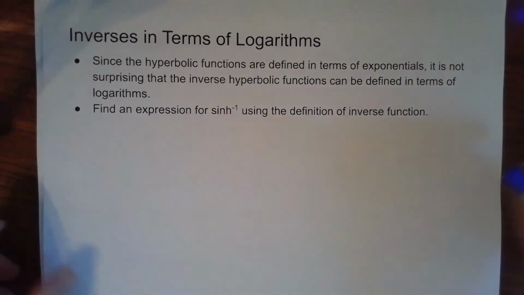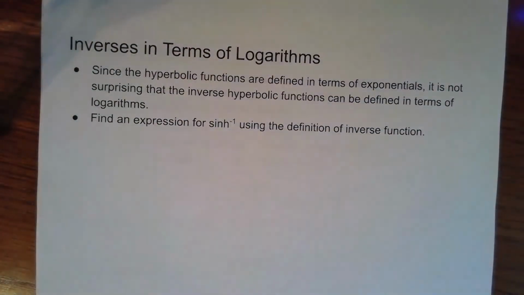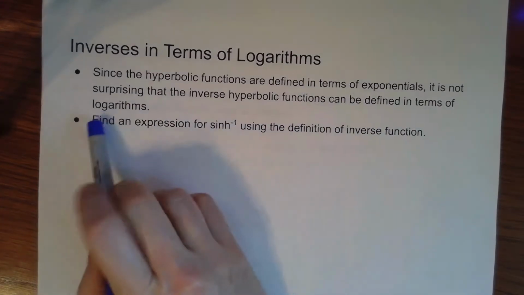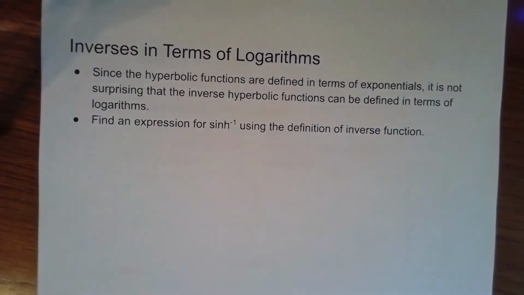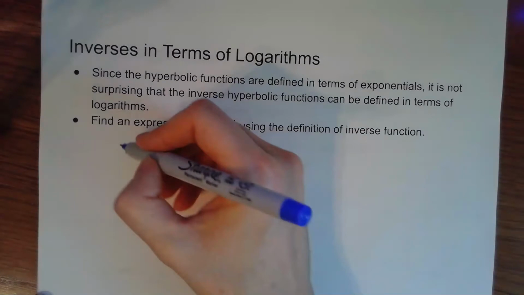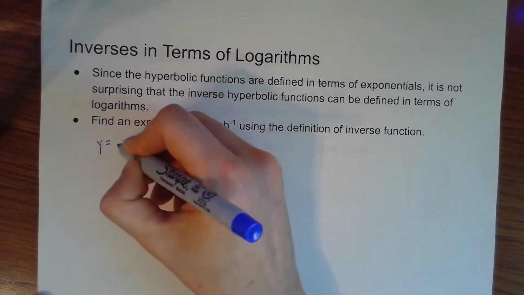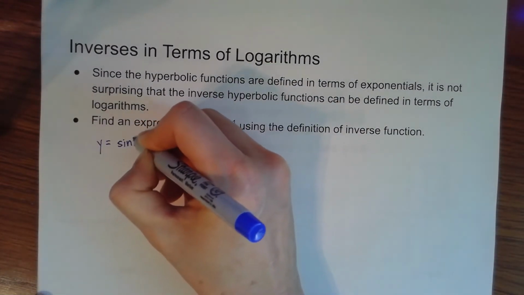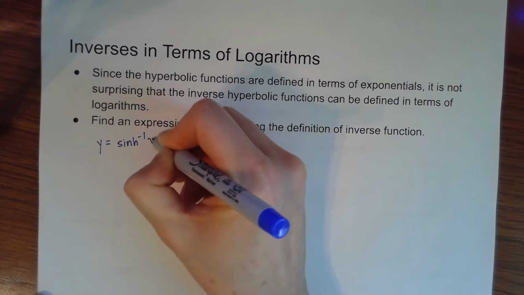Since the hyperbolic functions are defined in terms of exponentials, it shouldn't be too surprising that the inverse hyperbolic functions can be defined in terms of logarithms, because logarithms are the inverses of exponentials. So let's say that we want to find an expression for the inverse hyperbolic sine. Let's say that we have y equals the inverse hyperbolic sine of x.